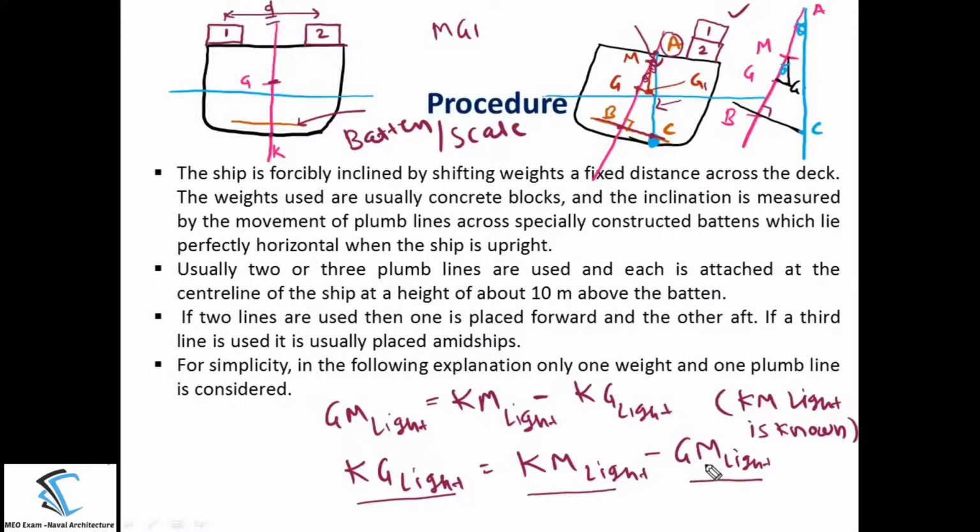KM light is known to us because this is a hydrostatic property of a particular ship at a particular draft. So this is known to us. GM light just now we have calculated. If you substitute both the values here, you will get the KG light, and that is our aim of this experiment. I hope all of you understood this, whatever we have discussed.